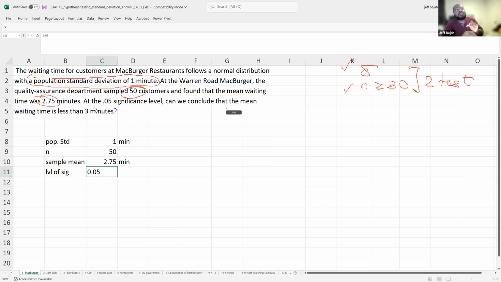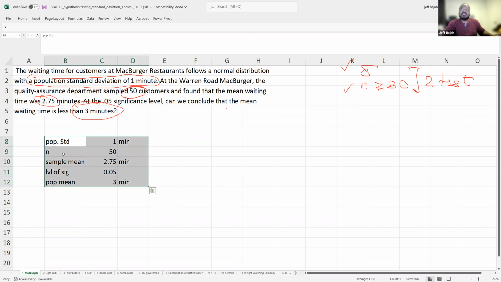Remember, in hypothesis testing, you're always trying to figure out a claim against what? Remember, we said it's always against the population parameter. And so this by default makes 3 minutes your population mean, right? Because it's always going to be about the population mean. And so that's 3 minutes.